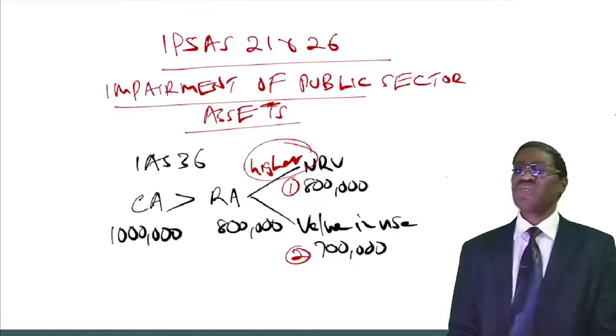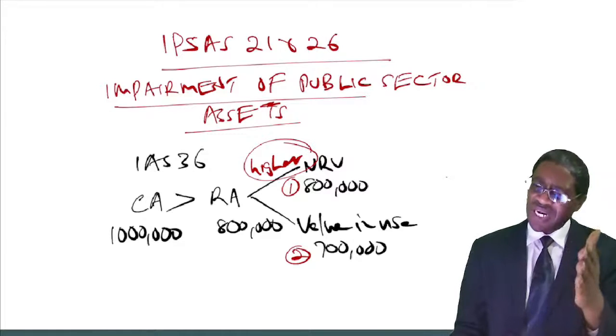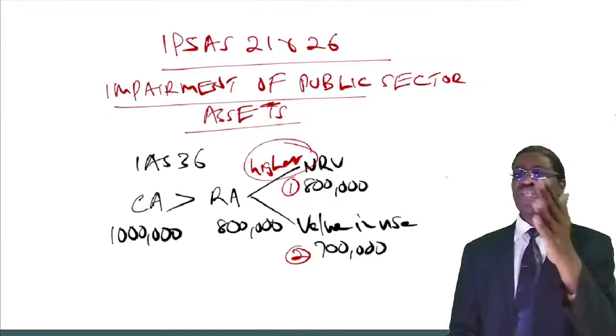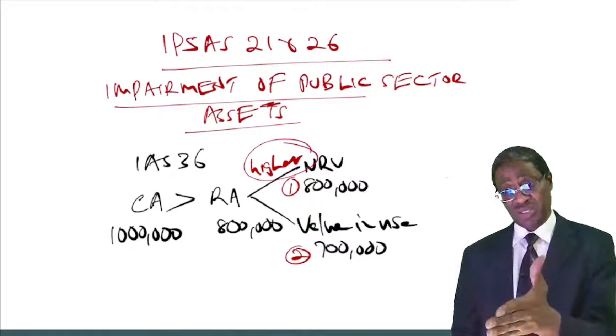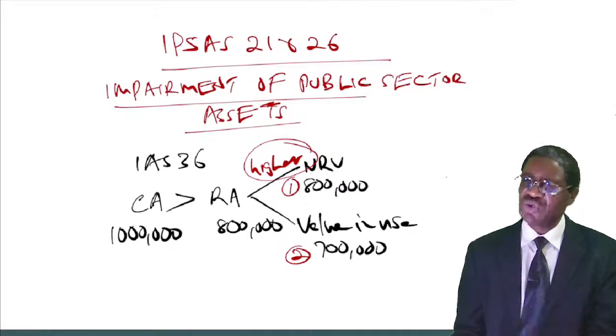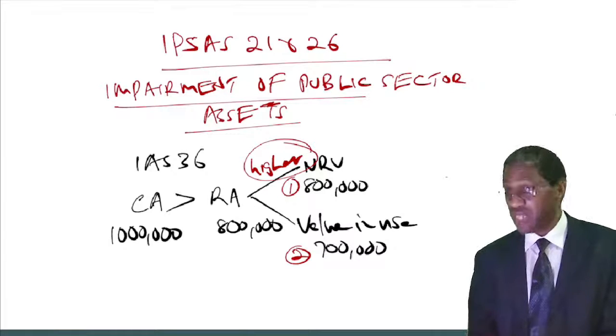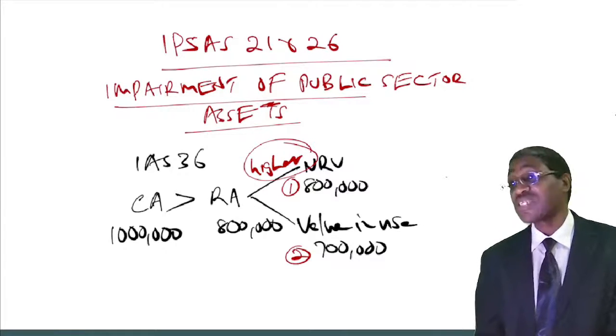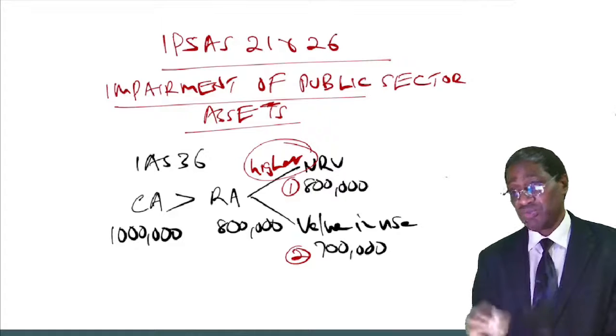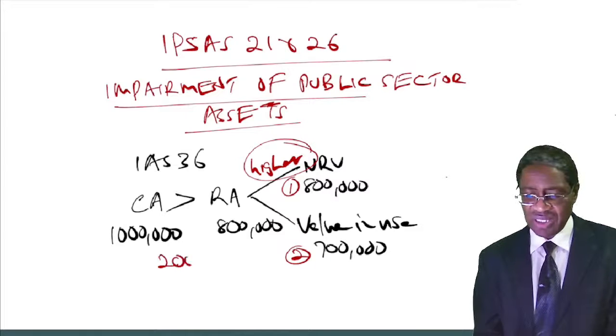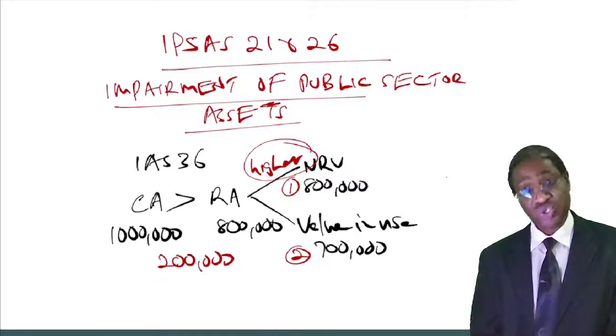Okay? Then we say, once you compare the carrying amount of the asset with its recoverable amount, if the carrying amount of the asset is higher than its recoverable amount, like in this case, then your asset is said to have suffered. So from this illustration, our asset has suffered an impairment loss of how much? 200.